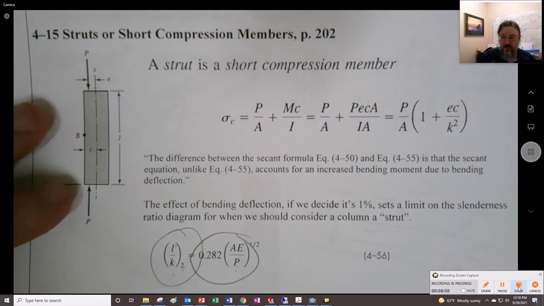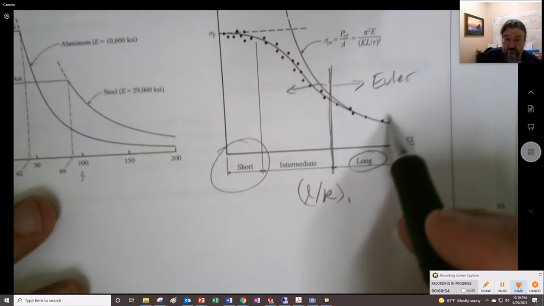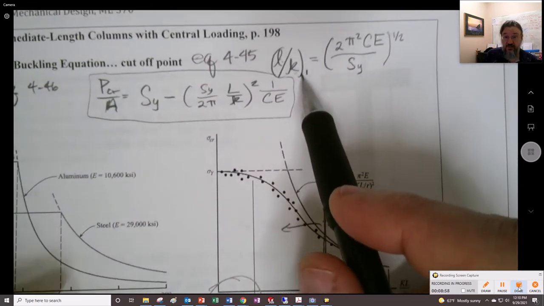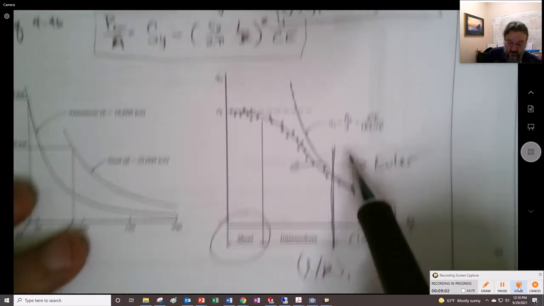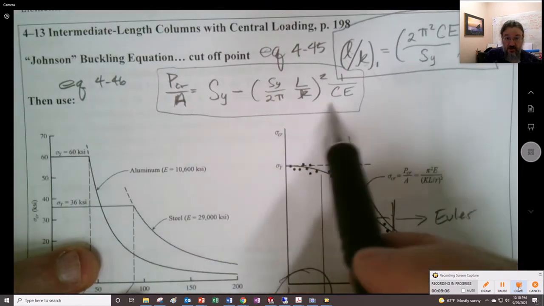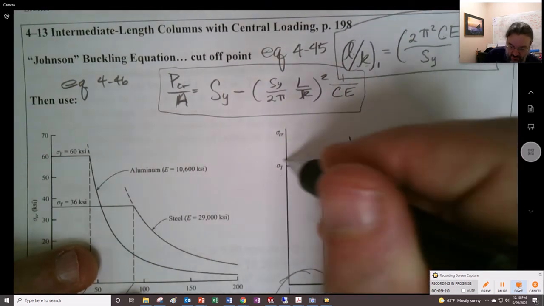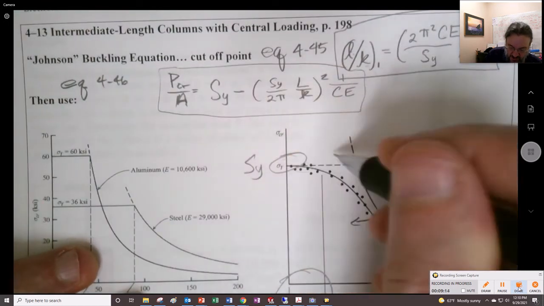So remember, we had long and slender Euler, and we decide whether to use him or not by this equation right here. And then we also have intermediate, which is the Johnson equation right in there, which is really just a curve, like a parabola curve fit that goes up to the yield strength right there.